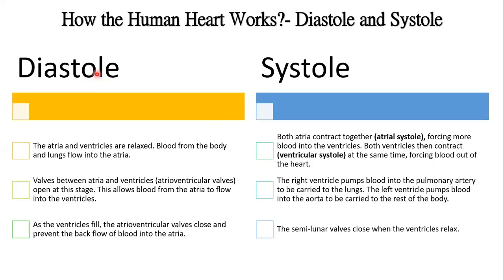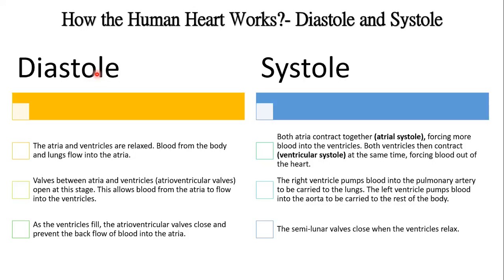So during diastole, the atria, the two atrium, would relax along with the two ventricles. So both atria and ventricles would be relaxed during diastole. Okay, and as a result, remember I stated when the heart relaxes, it fills up.